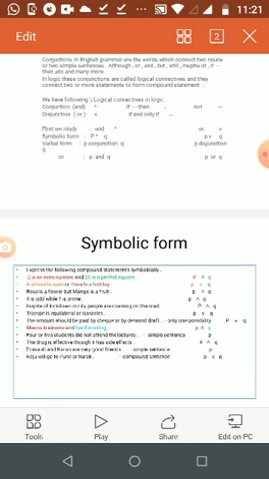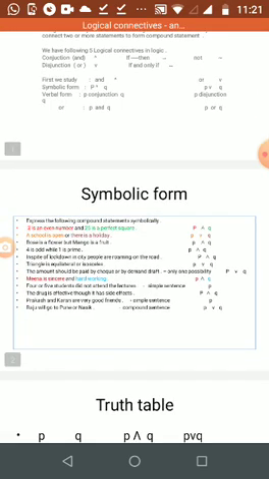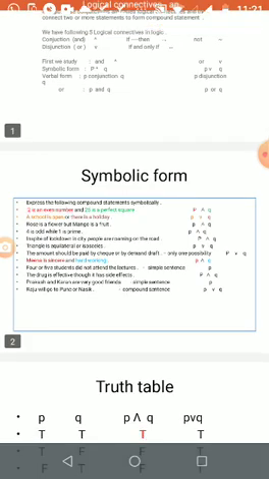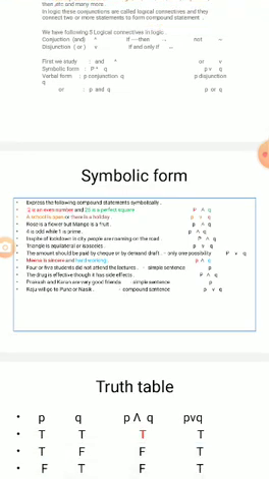Now consider the first statement in the second slide, symbolic form. First sentence is 2 is an even number and 25 is a perfect square. Now here there are two simple sentences. One is 2 is an even number and the other is 25 is a perfect square.